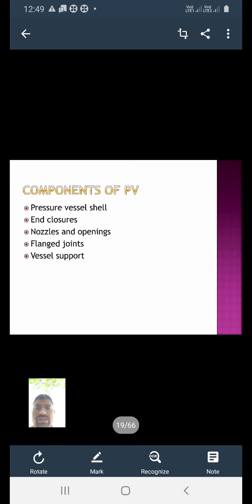Then the number of nozzles and openings. Then flange joint, and last is the vessel support. Different types of vessel support are selected as per the vessel: if there is a vertical vessel or horizontal vessel, we select the vessel support accordingly. This is the main component of the unfired pressure vessel.